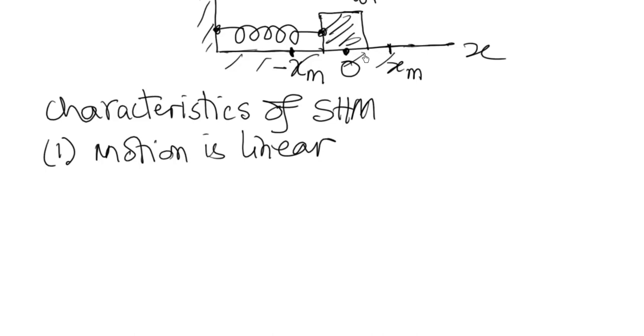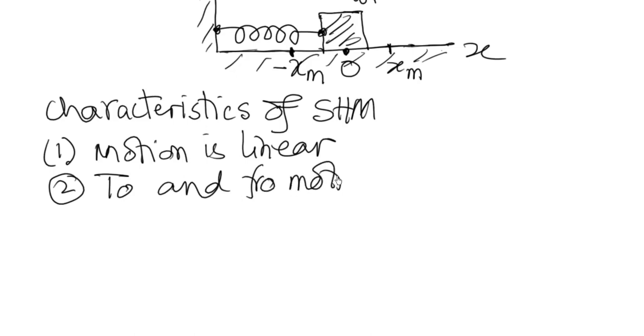Along a straight line, and the second characteristic is to and fro motion. Third characteristic is periodic motion.